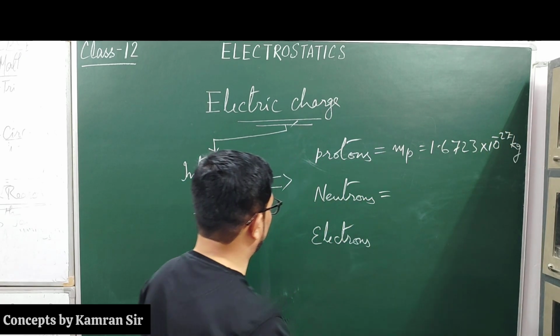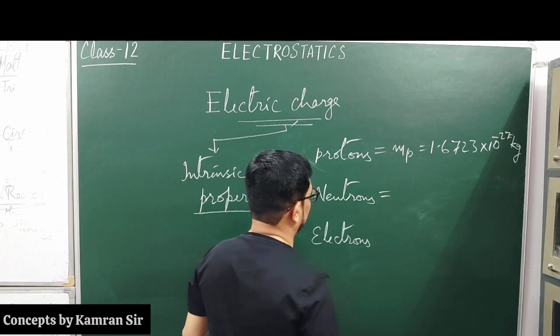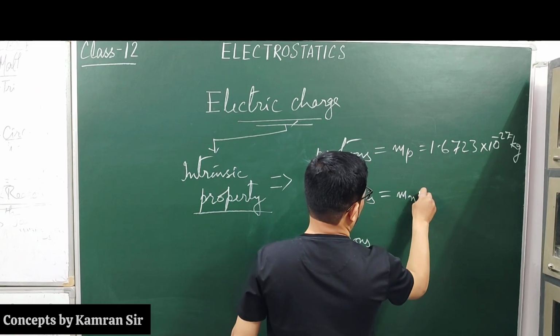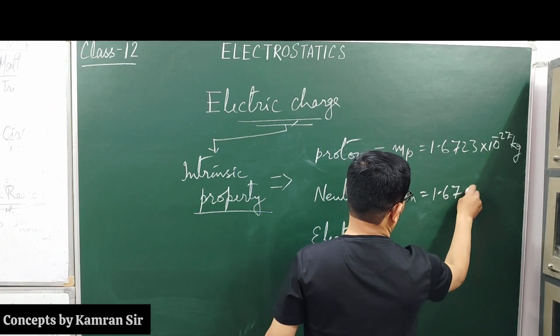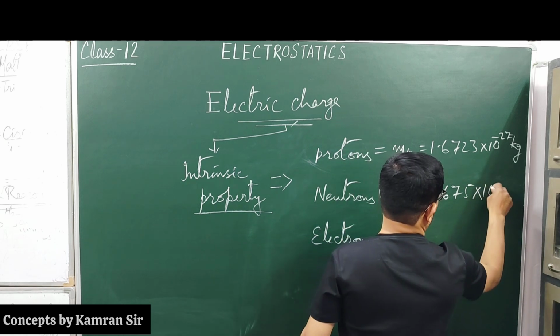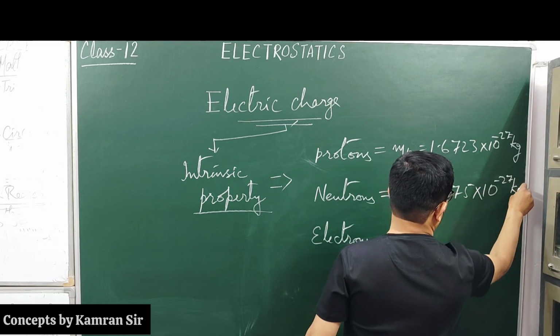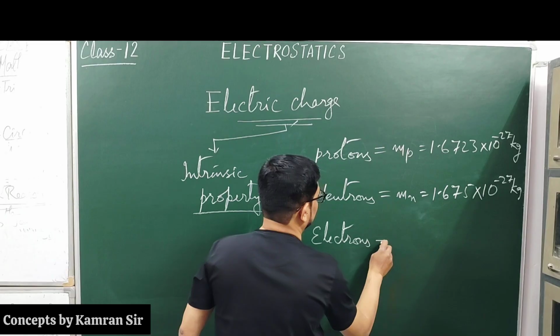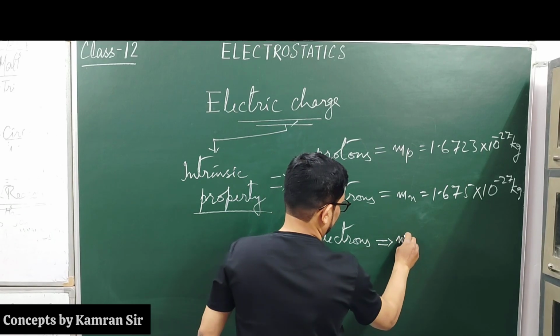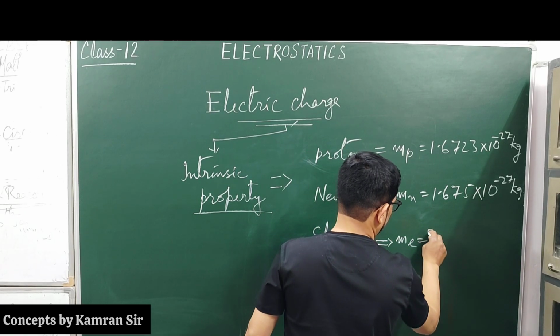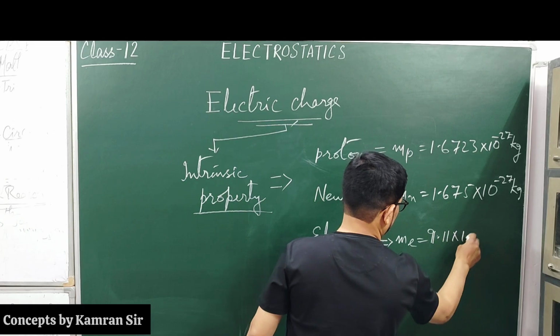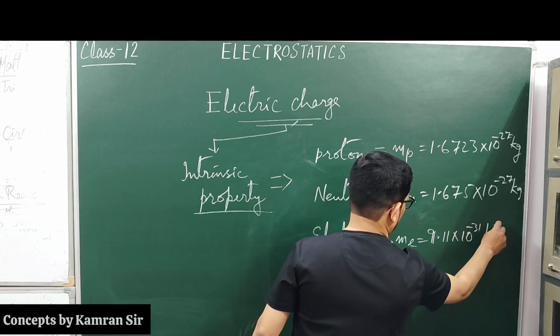Neutrons, another fundamental particle present at the atomic level, have a mass of approximately 1.675 times 10 raised to the power minus 27 kg. And then we have electrons, which have a mass of 9.11 times 10 raised to the power minus 31 kg.